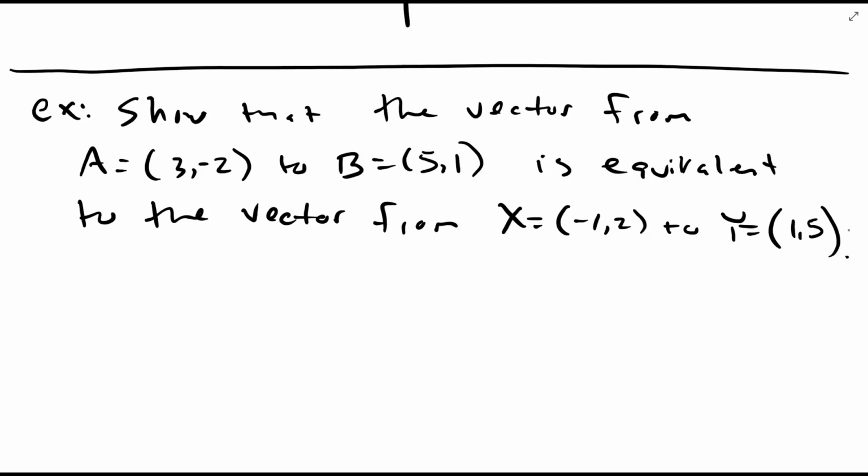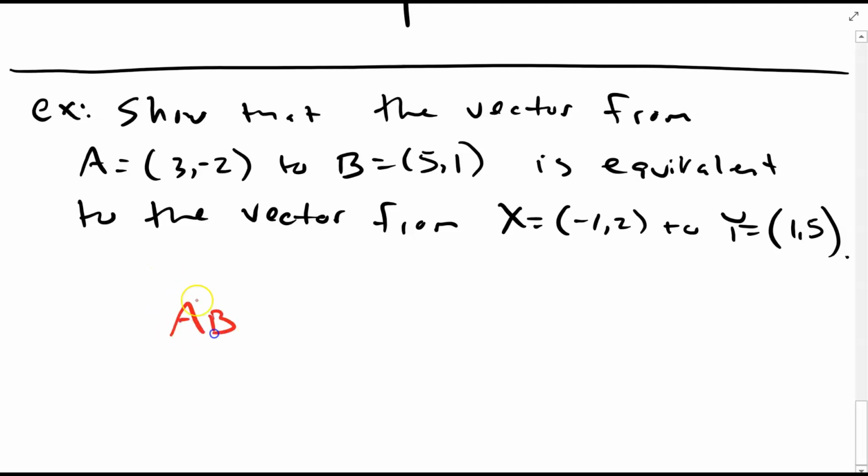Here we're asked to show that the vector from 3, -2 to 5, 1 is equivalent to the vector from -1, 2 to 1, 5. So to show two vectors are equivalent or equal, I would need to show that they have the same magnitude and the same direction. Or, what's going to be massively easier in this case, I can just show that they have the same component form, right? If they have the same component form, then they're obviously going to be the same vector, right? Is everybody okay with that idea?